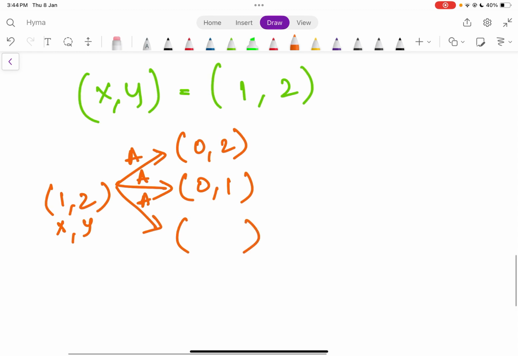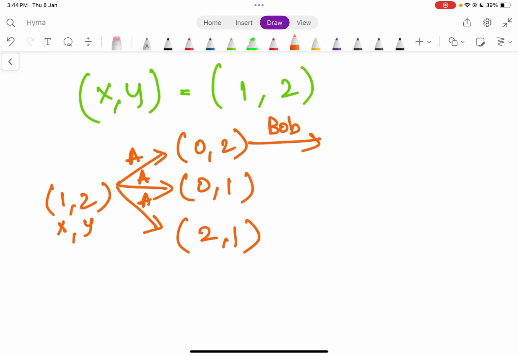In the third case, when he eats a cake, he increments the number of biscuits by 1, so it becomes 2, 1. Now Bob is going to play in these cases. As the number of biscuits here is 0, Bob can only make the third operation and make the biscuits 1 and decrease the cakes by 1.